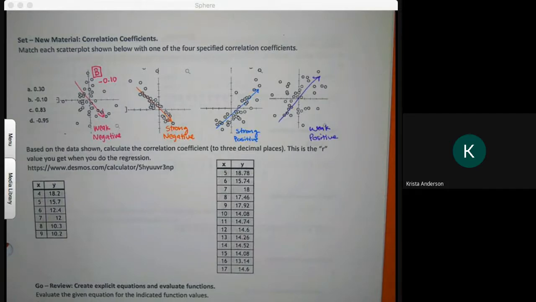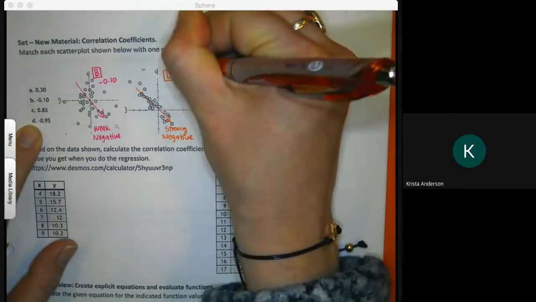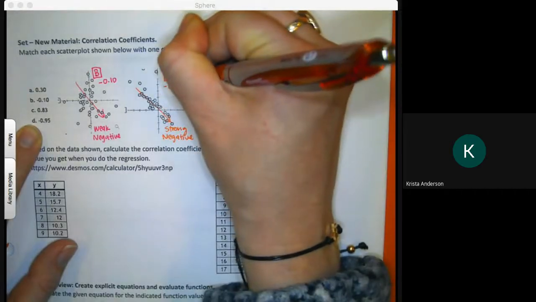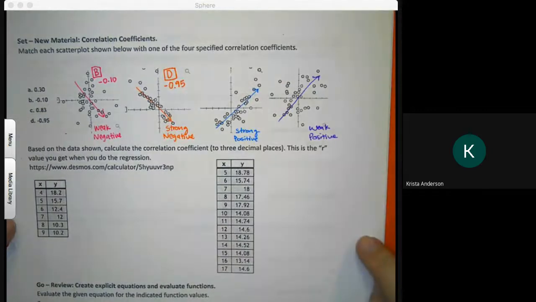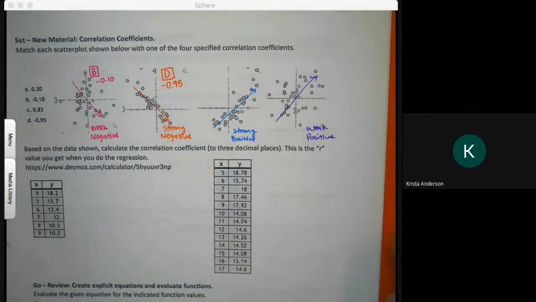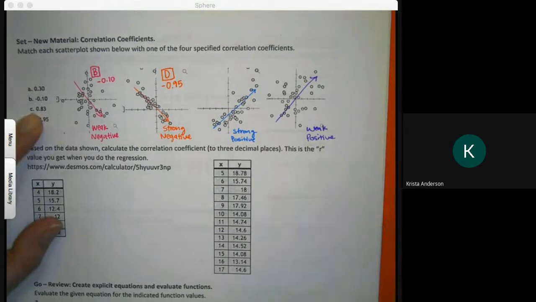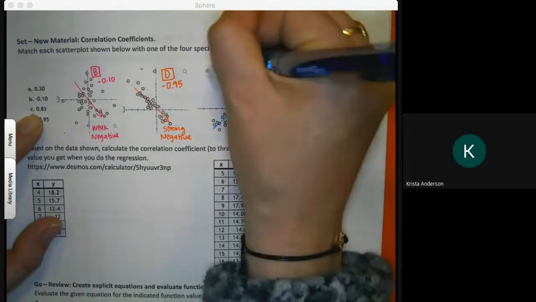What about the orange one? What would be strong negative? D. Negative 0.95. Blue. C. C, it's strong, positive.